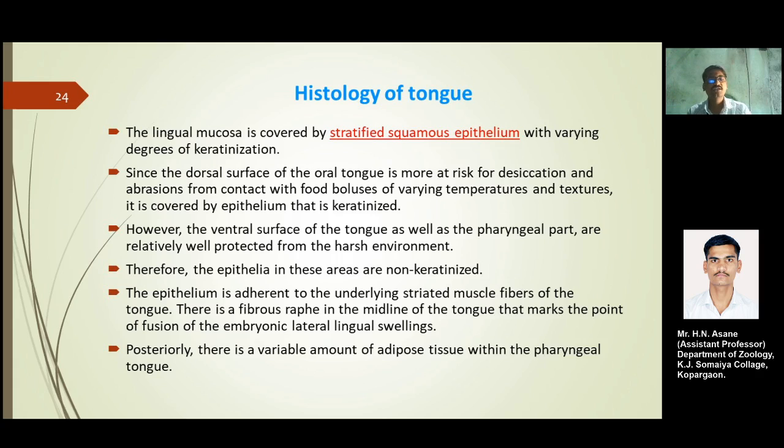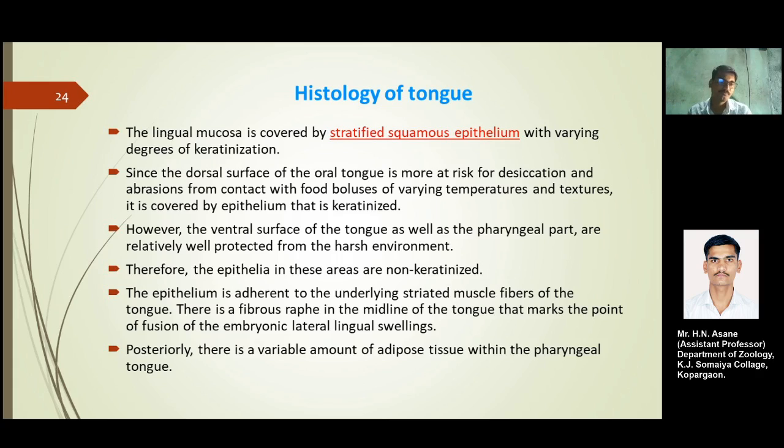There is a fibrous raphe in the middle of the tongue that marks the point of fusion of the embryonic lateral lingual swellings, which are the embryonic origins of the tongue.